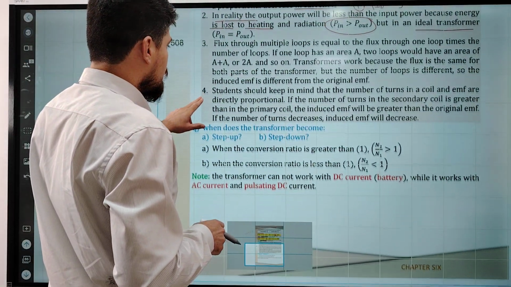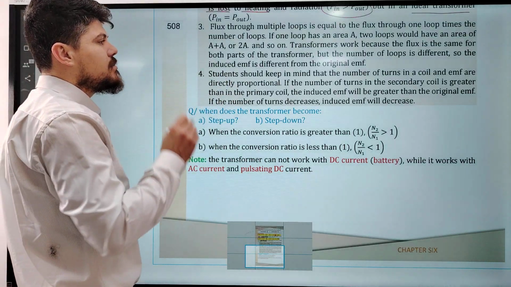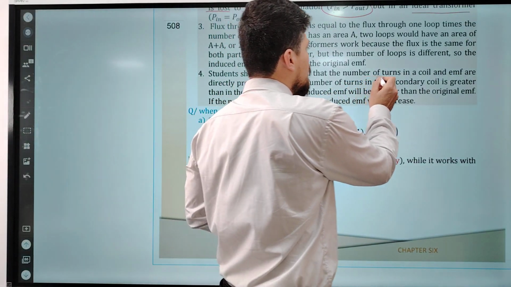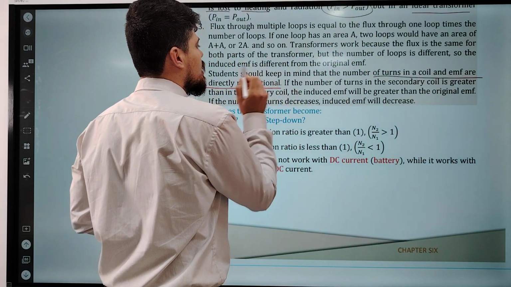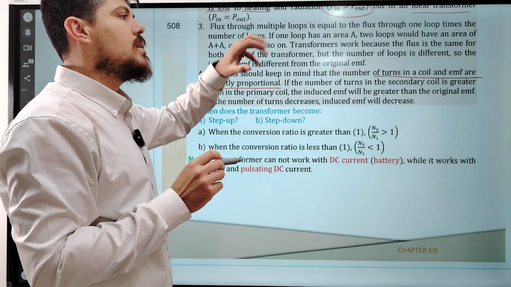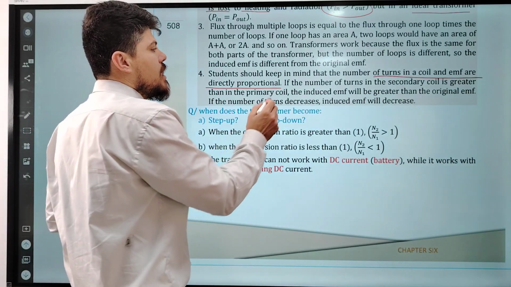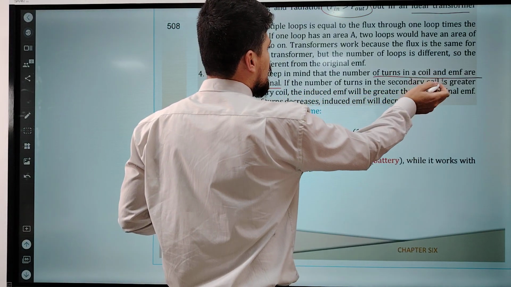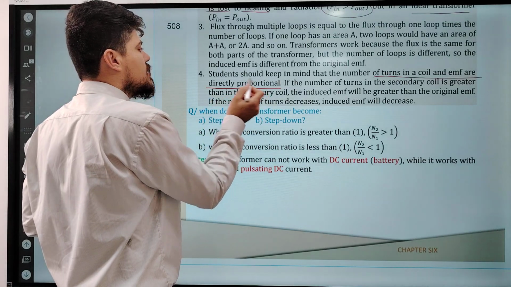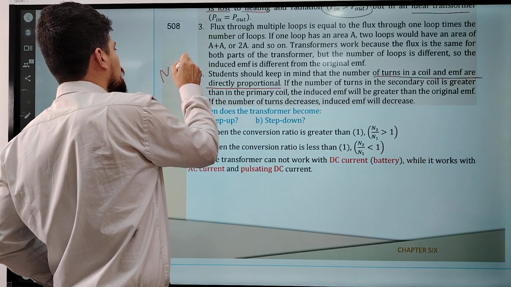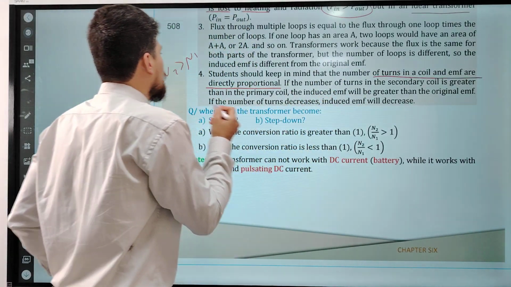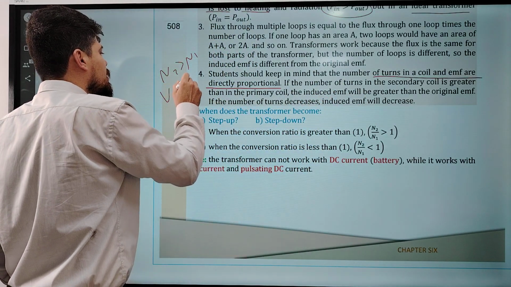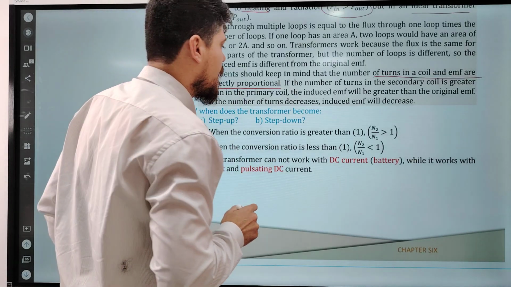Students should keep in mind that the number of turns in the coil and EMF are directly proportional. More turns, more induced EMF. If the number of turns in the secondary coil is greater than in the primary, which means N2 is bigger than N1, the induced EMF will be greater. V2 will also be greater than V1.